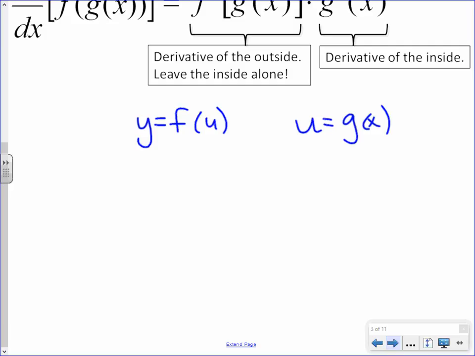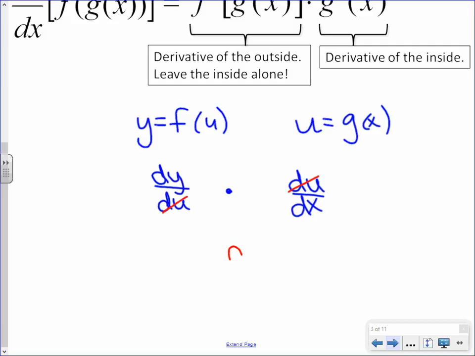What happens is we take the derivative of this with respect to what's inside, so dy du, because that's what's inside. Okay? Here, we take the derivative of u with respect to x. And then what happens when we multiply these together?